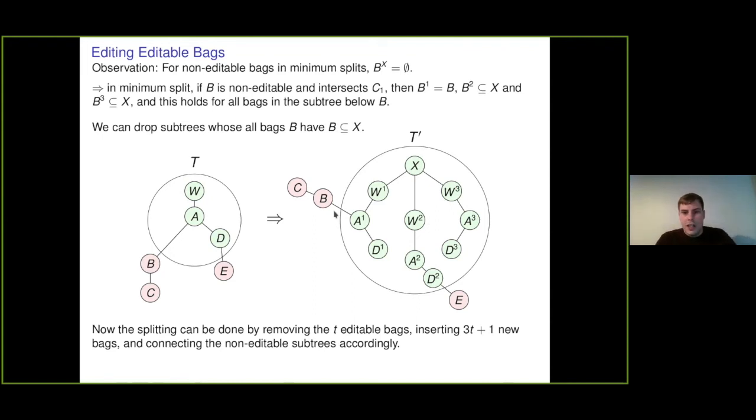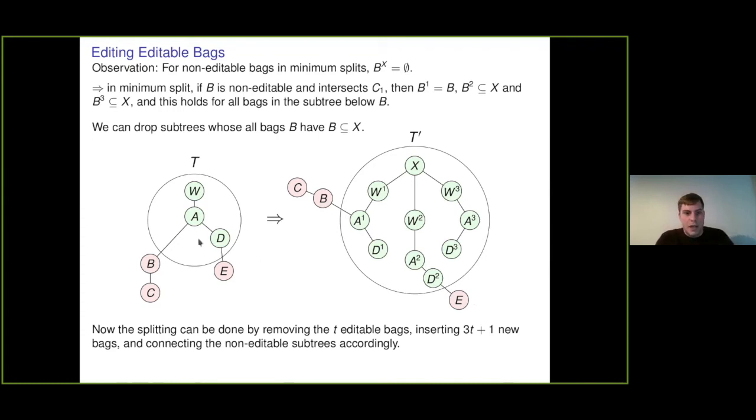We just do this and then reattach the non-editable subtrees to this construction appropriately. For example, if this B intersects only C1, then for sure it should be attached to A1. And same if this E intersects only the component C2, then it for sure should be attached to this D2.